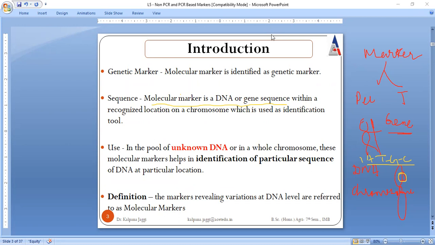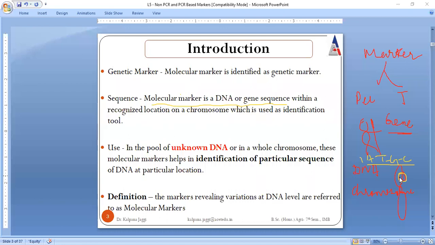In a similar way, this is the DNA sequence, and the DNA sequence that is present within a recognized location on a chromosome is used as an identification tool.